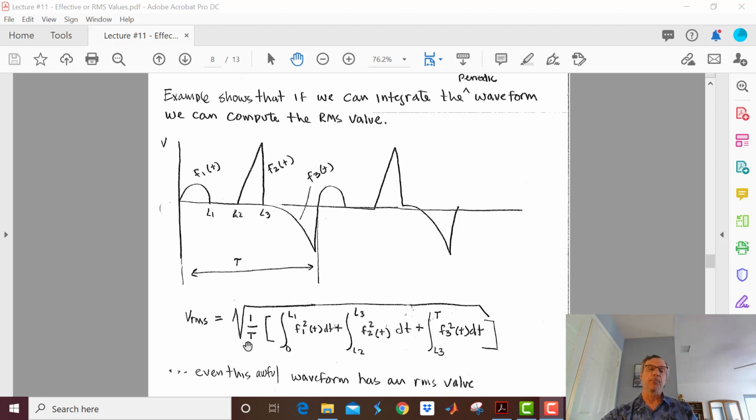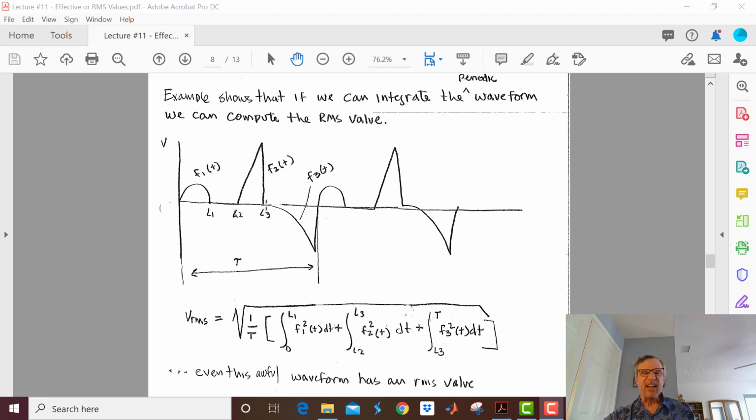So I'm going to put in my 1 over T, and then I'm going to just start getting areas of the squares of these. So here's f1 of t. We're going to integrate from 0 to L1, square that rascal, and then we're going to add the integral from L2 to L3, and we're going to square that one.